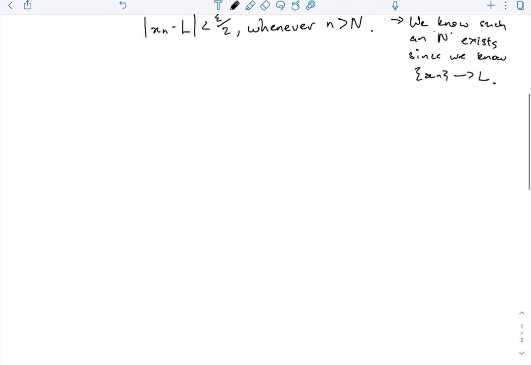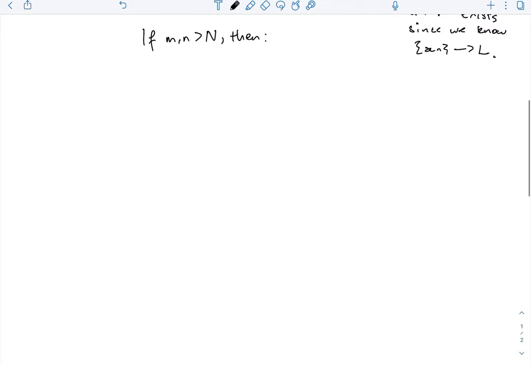Now, if m and n are greater than N, then let's construct this as such.